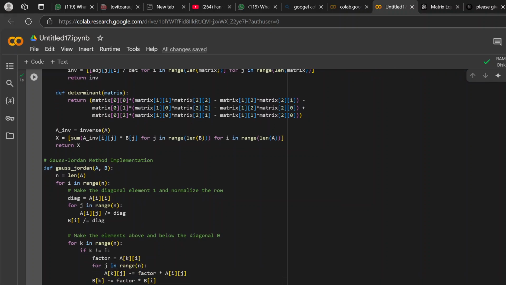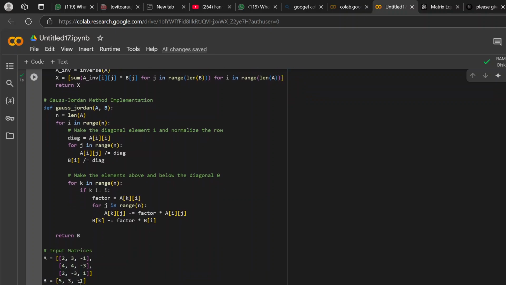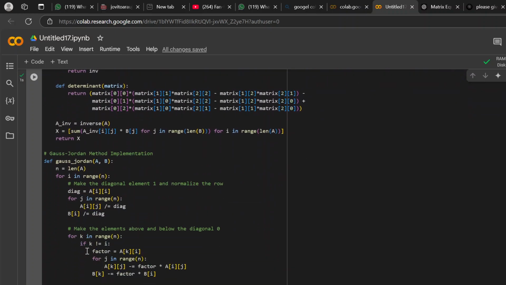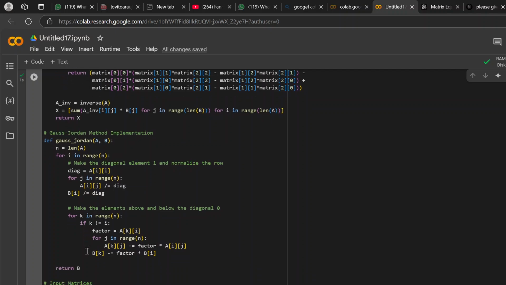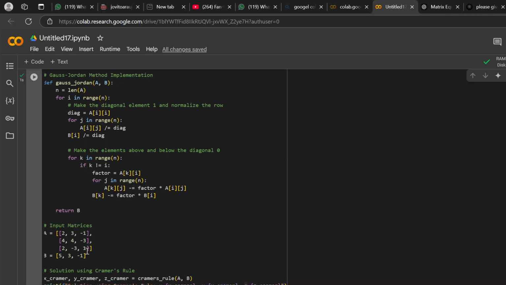After that, we move to the B, and after that we must input the matrix. Because we use the repetition, we just make it run in one single command.